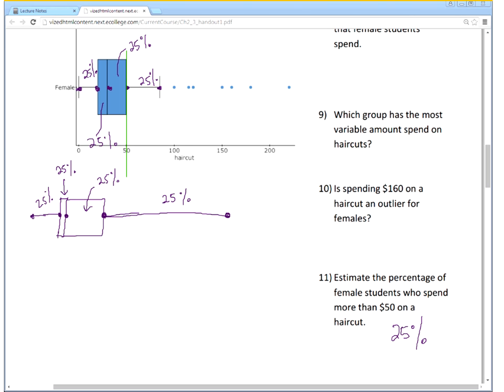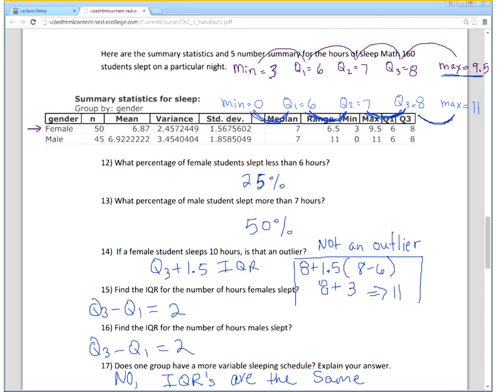You could get your 5-number summary from it and answer the questions. Here you have your summary statistics, and then you're pulling your 5-number summary from the table. So regardless of how it's presented, you should be able to obtain that information from either the box plot or the summary statistics.